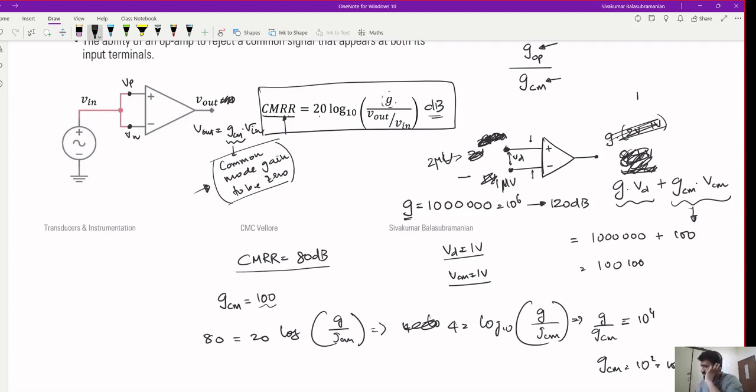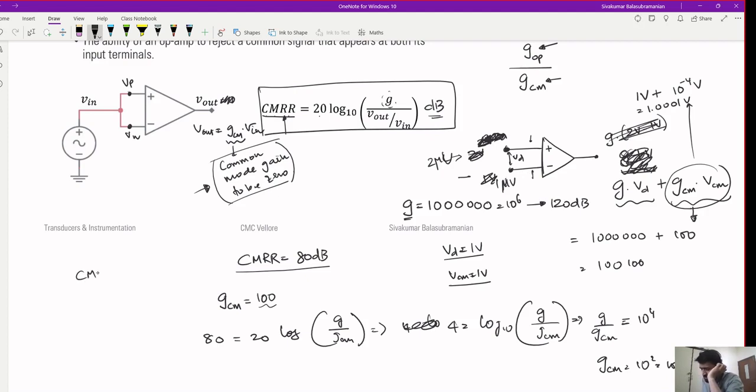G times VD will be 1 volt, plus what will be the contribution of this? 0.1 volt. The output that you will see will be 1.0001 volts. Okay.